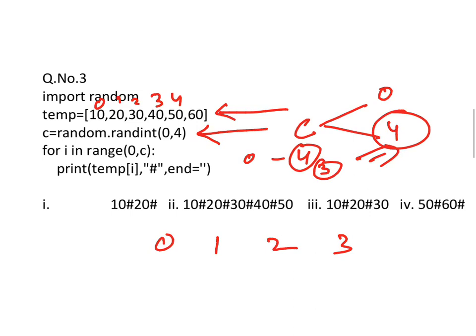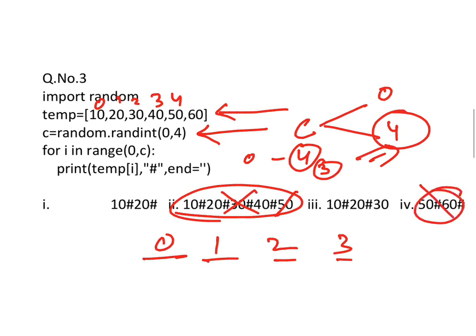So first what you have to see: if any value is beyond 40, up to 3 meaning 0, 1, 2, 3, that will not be in your answer. This 50 is given here. So this will not be your answer.